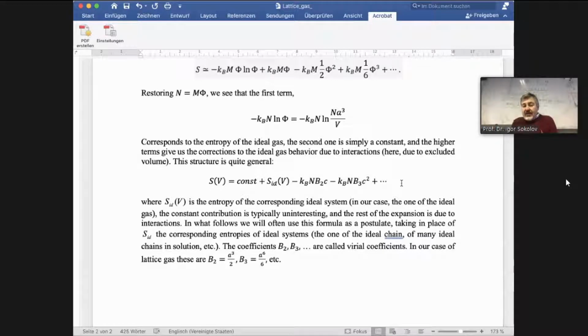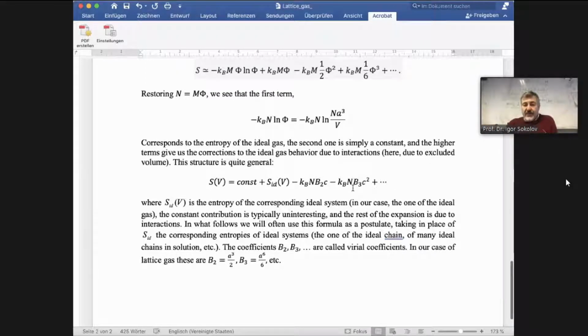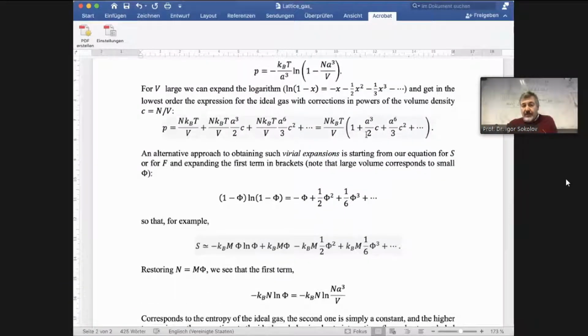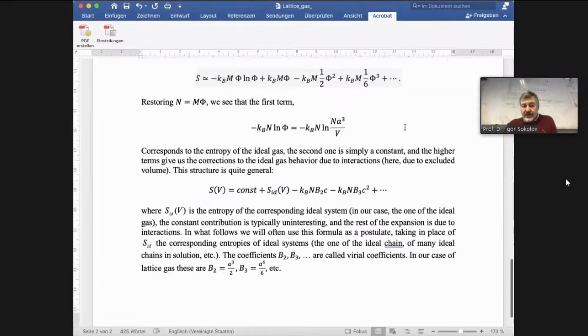All such expressions in the form of power series in concentration are called virial expansions. And the prefactors are virial coefficients. They are different because you can expand different physical properties. The expansion of the entropy is different from the expansion of the pressure. But both expansions are virial expansions in terms of C, in terms of concentration, here and here.